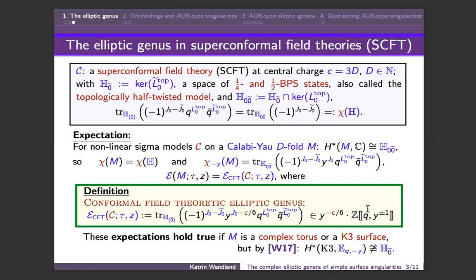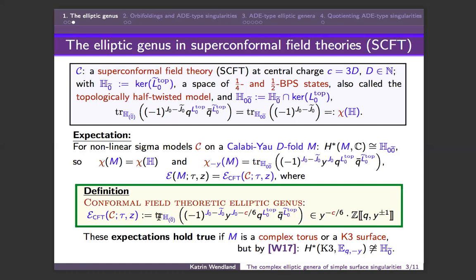So indeed, we have a power series in q and y to the minus 1 up to this prefactor, which I smuggled in in order to get this modular property that I like so much. It won't be relevant for what follows. I would prefer to define the conformal field theoretical elliptic genus just on the topologically half-twisted model, but it doesn't matter because of the cancellations that I mentioned previously.